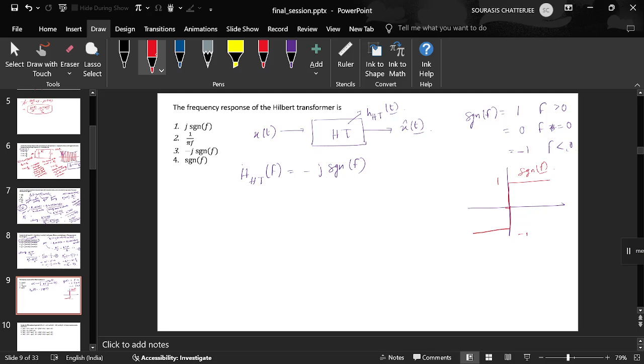So when you multiply with minus j here, at a high level what it does is this: it is equal to minus j when f is positive and j when f is negative.